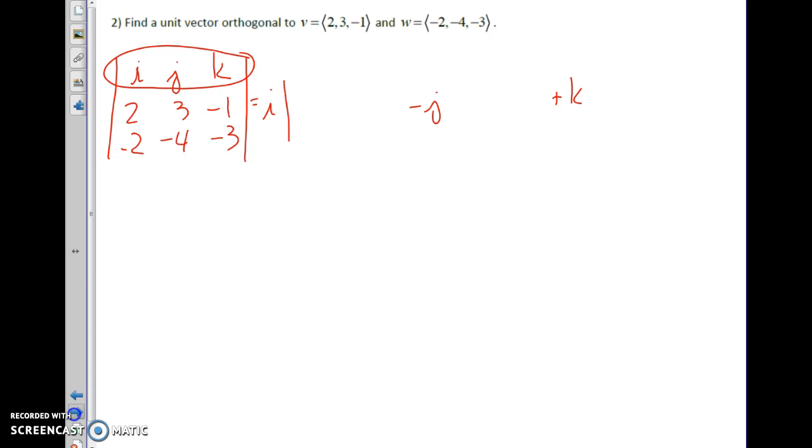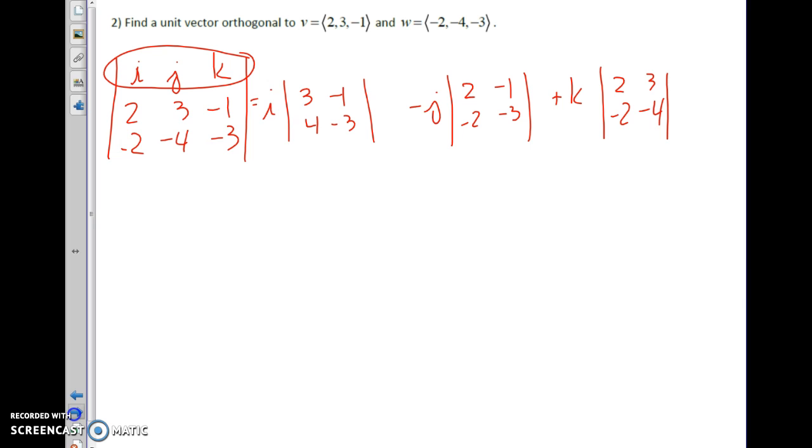And we're using the matrix 3, -1, 4, -3. We're going to find that determinant. Then we're going to eliminate the column with j, 2, -2, -1, -3. And then finally, I eliminate the k column, 2, -2, 3, -4.